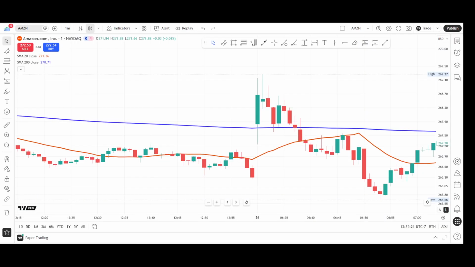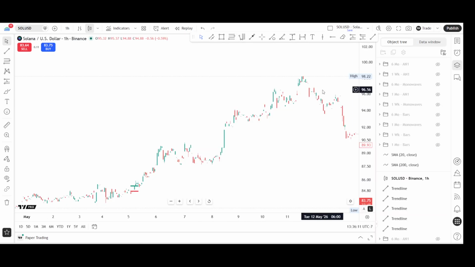Let's look at Amazon. So you can see that as you go from symbol to symbol, it will give you what you have, like the symbol I was just looking at, which I believe was Solana. I'm in a weird pane. It threw me into a weird pane where I'm not able to see my indicators. It's kind of separated my indicators and my market, and so I've got to go back and fix that.